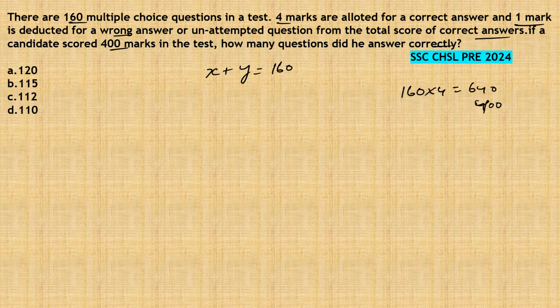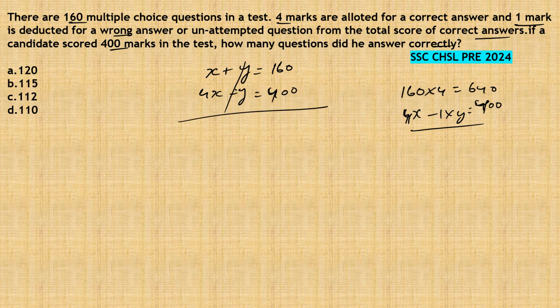For every right question he gets 4 marks, that is 4x. And for every wrong answer he gets deducted 1, that is minus 1 into Y. If you equate it, we will get how many questions he answered correctly. 4x minus Y is equal to 400.